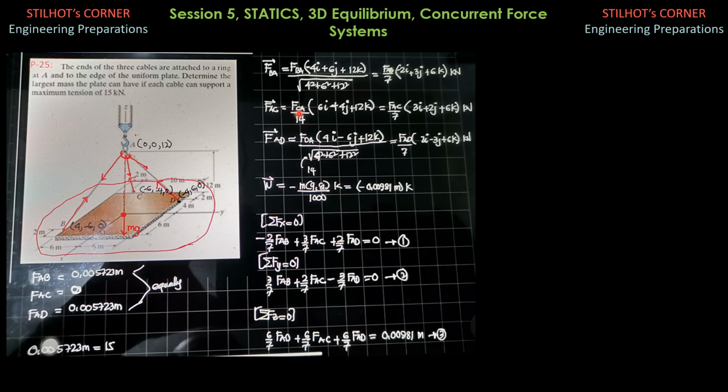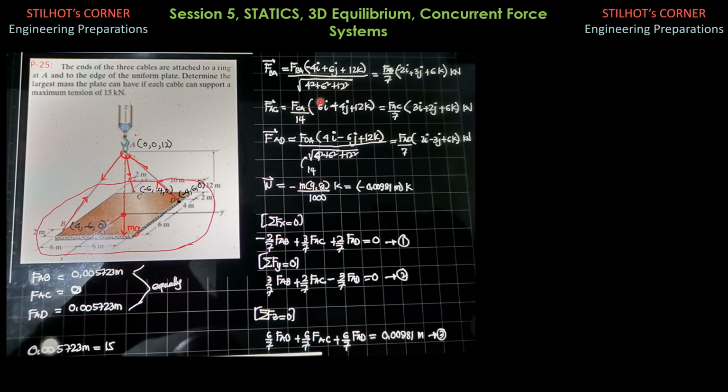FAC is also FCA, so it is, by the way, C is at negative 6, negative 4, because that's already 2, so 4 to the left, so negative 4, then 0 along Z. So 0 minus negative 6 is positive 6i, 0 minus negative 4, so 4j, 12 minus 0, so 12k.